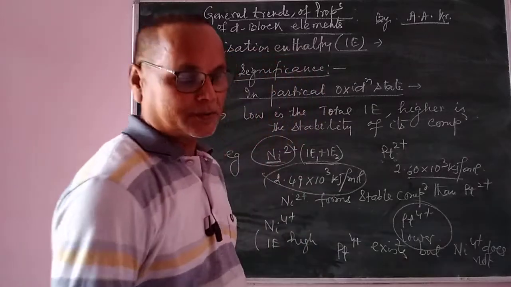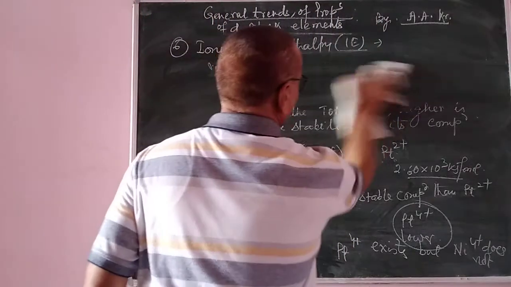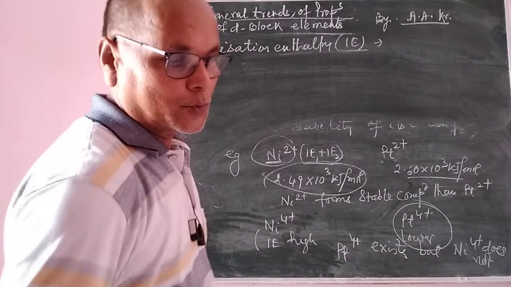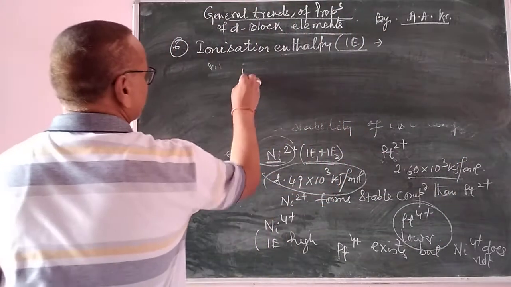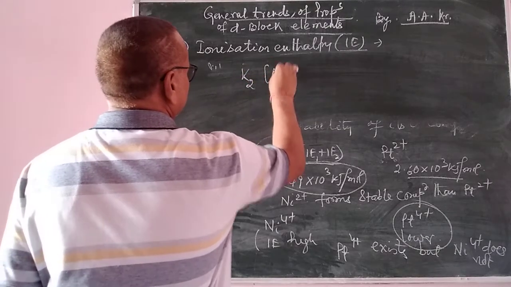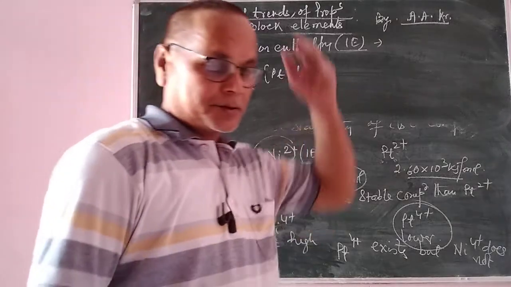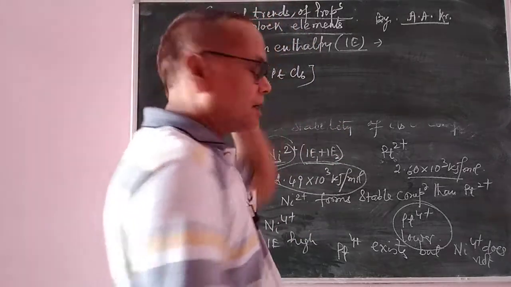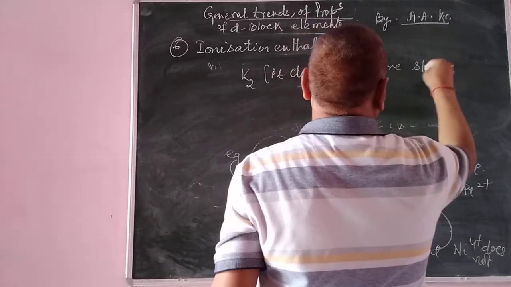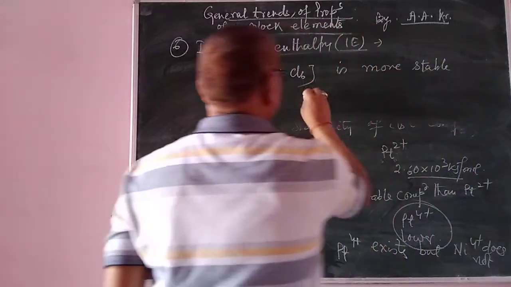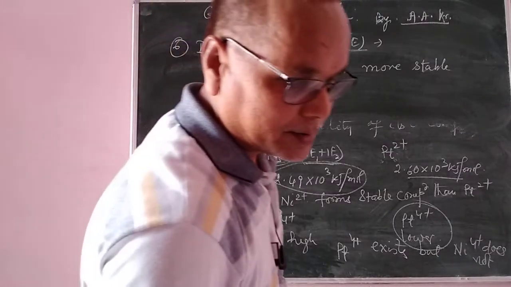And a question may come from it: K2PtCl6 is more stable than K2NiCl6.